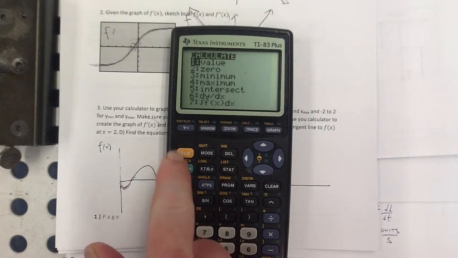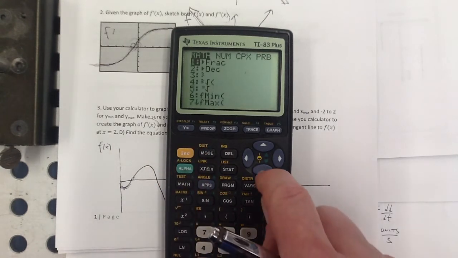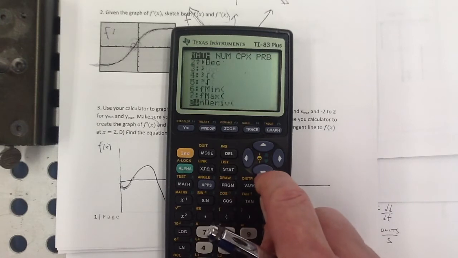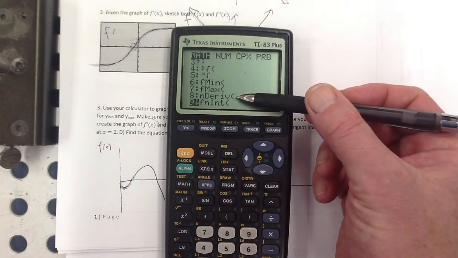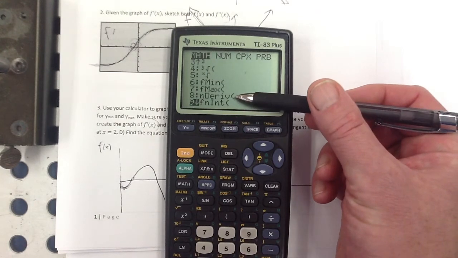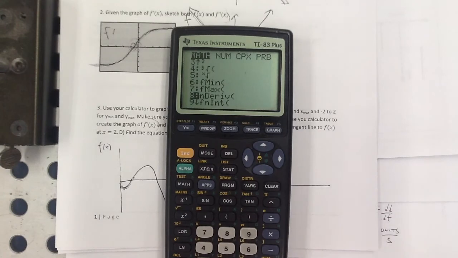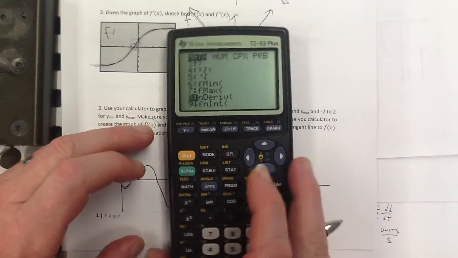But there's also, in the math menu, if you scroll down, this thing called nDeriv, and yours looks even more like a derivative. I should have borrowed a TI-84 from somebody so I could show you what that looks like on an 84. Well, I can write it here on my page.